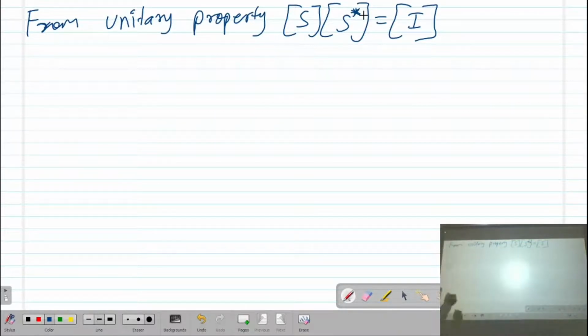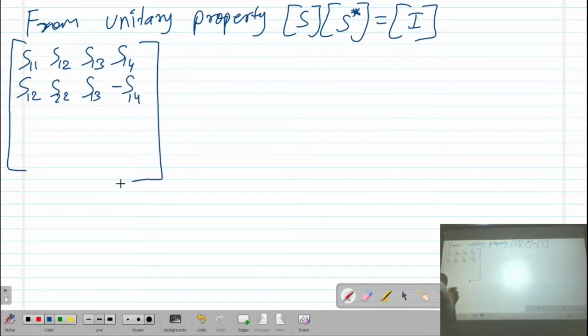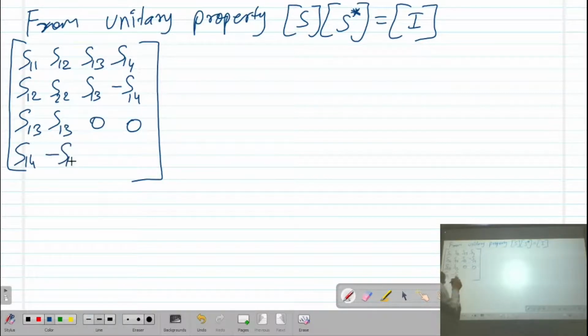So we will write the whole term over here, that is S11, S12, S13, S14, S12, S22, S13, minus of S14, S13, 0, 0, S1 of 4, minus S1 of 4, 0 and 0.